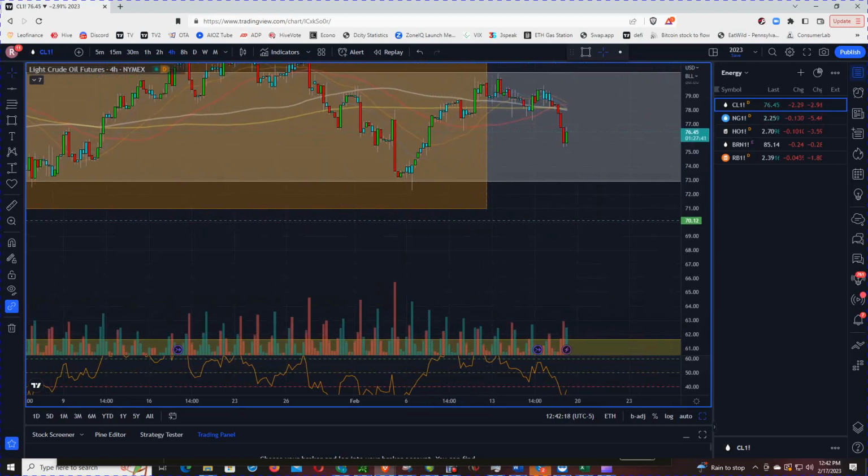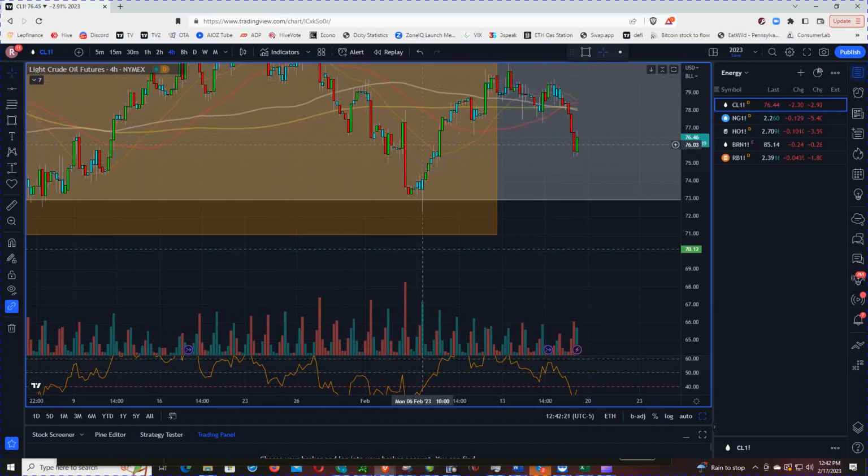So we do have price reacting right now. This is a 4-hour chart to this structure here at, we'll say, 75.